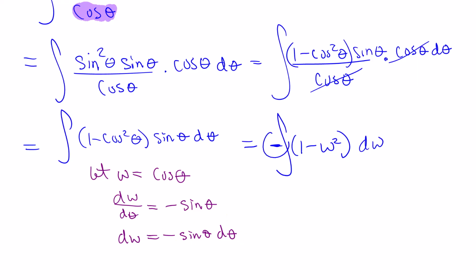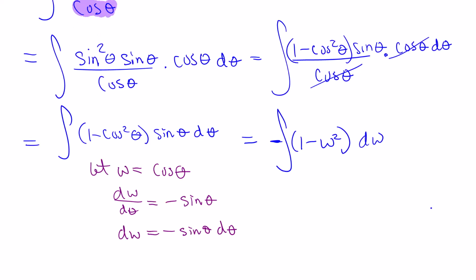So if I put the negative in front of the integral, take care of that negative sign, and then let dw replace sine theta d theta, then we end up where we are here, which is the negative integral of the quantity 1 minus w squared in parentheses dw. All right, so slow that down, back it up, try it again, or watch it again if it's not clicking. Hopefully that's making enough sense.